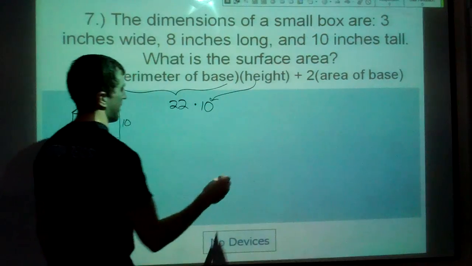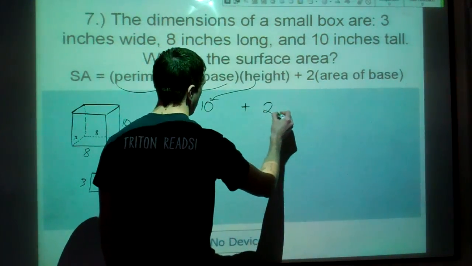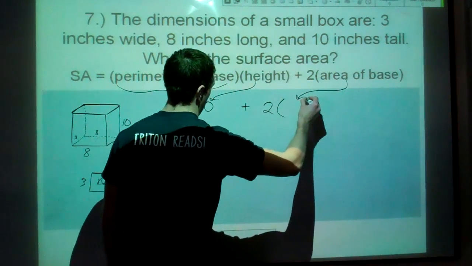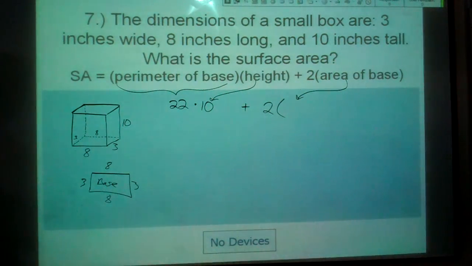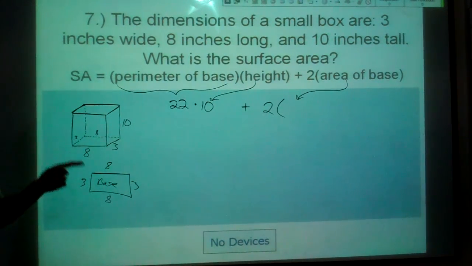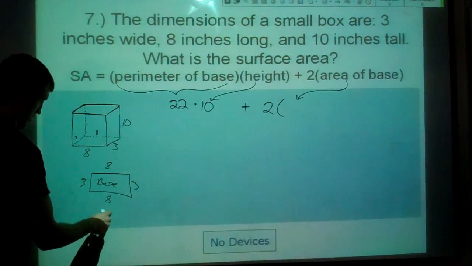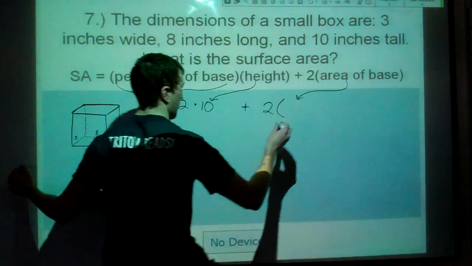Okay? We add on 2 times whatever the area of the base is. Area, remember, of a rectangle is length times width. So length is 8, width is 3, 8 times 3 is 24.